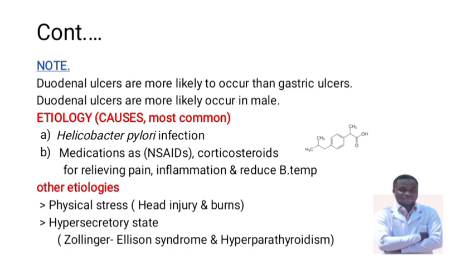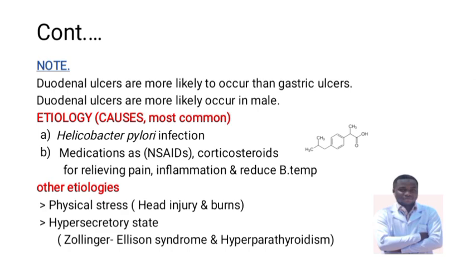The prostaglandin, which is secreted in the stomach and duodenum, stimulates mucus and bicarbonate secretion. Therefore, the utilization of non-steroid anti-inflammatory drugs inhibits the enzyme used to synthesize prostaglandin. Therefore, if there is no prostaglandin in the stomach, there is a decrease in mucus secretion and bicarbonate secretion.